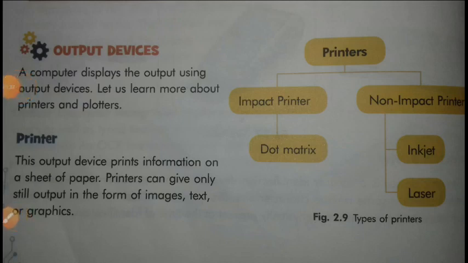This output device prints information on a sheet of paper. A printer can give only still output in the form of image, text or graphics. A printer gives output on a sheet of paper.